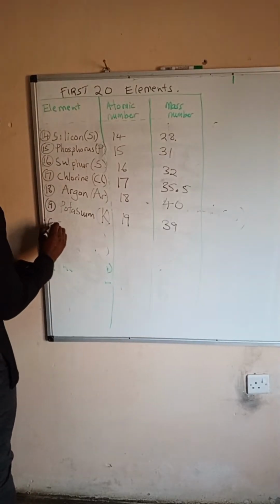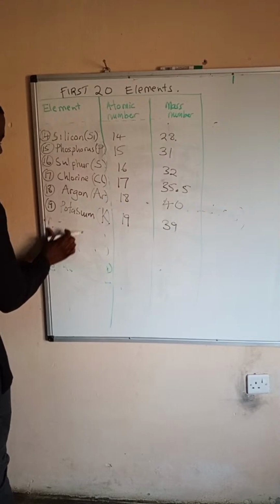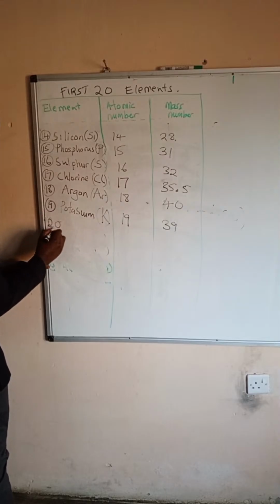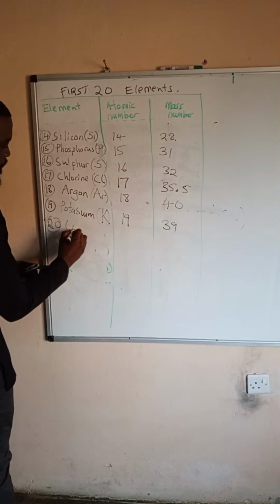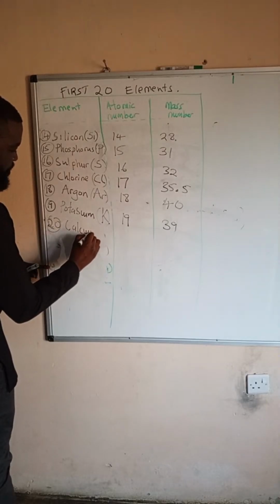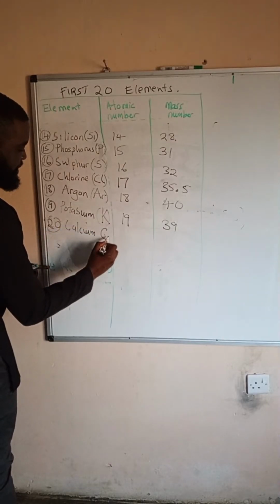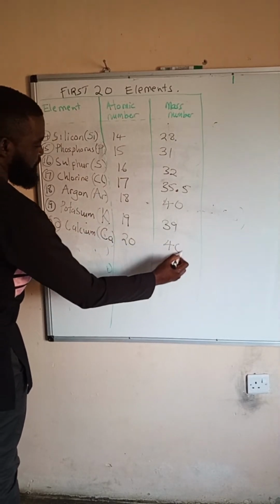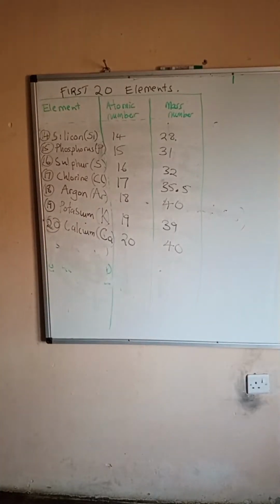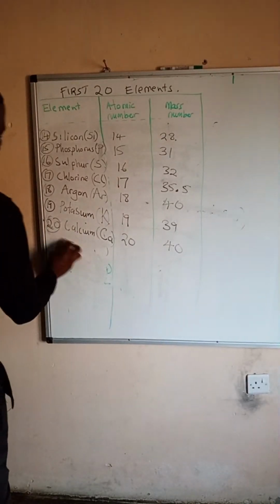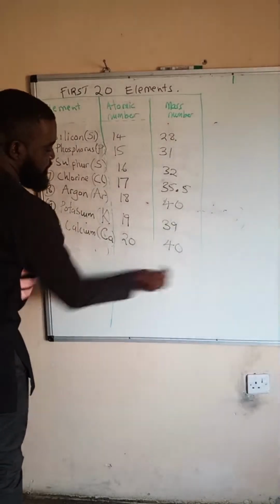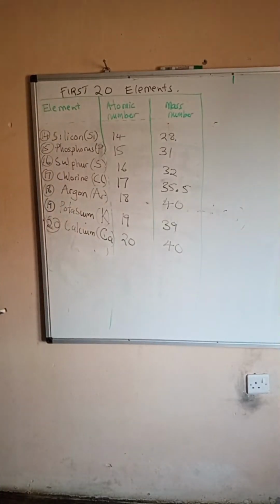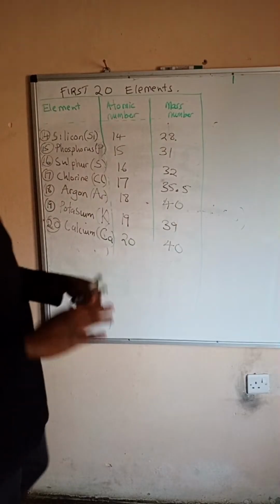Lastly, the 20th element is calcium, represented by Ca, which is 20 and 40. So these are the first 20 elements that you'll be dealing with when we are dealing with chemistry. Thank you very much.